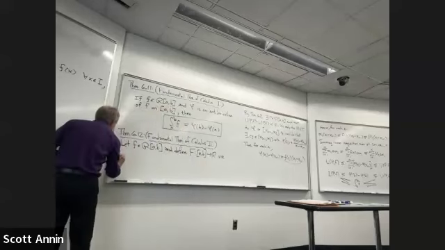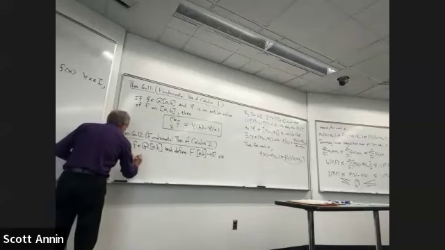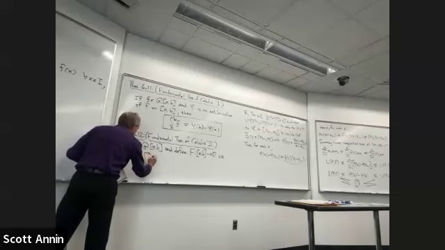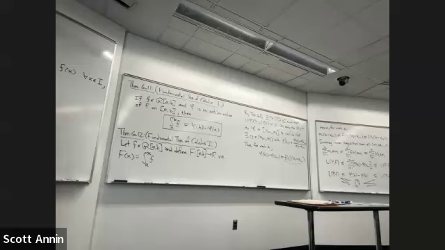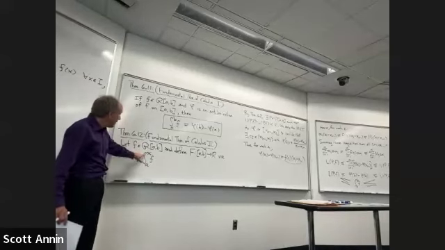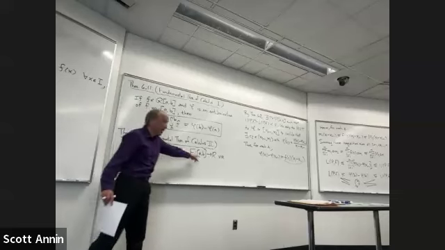Well, capital F of x is simply going to be the value of the integral of little f from a to x. Keep in mind, guys, that x will be somewhere between a and b.